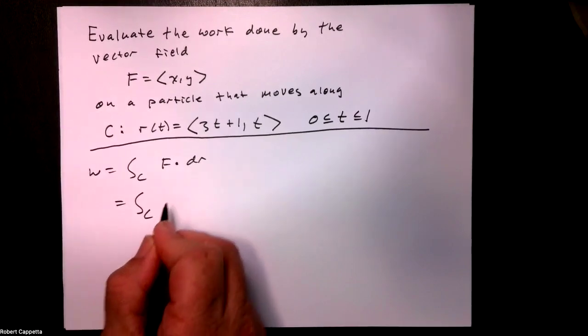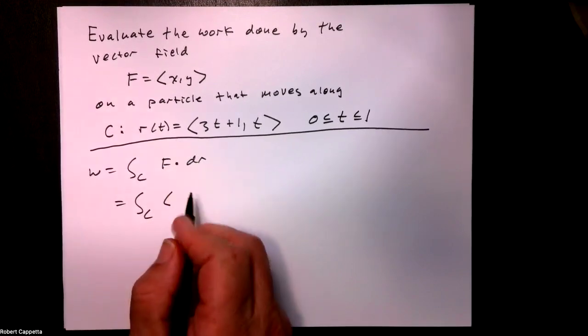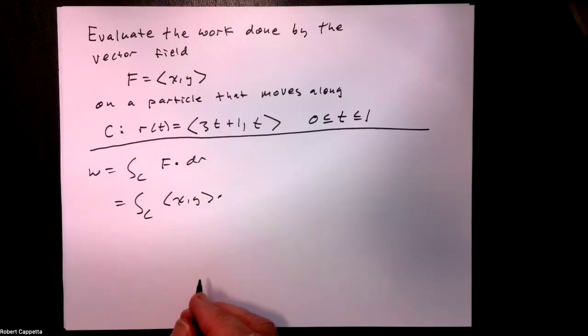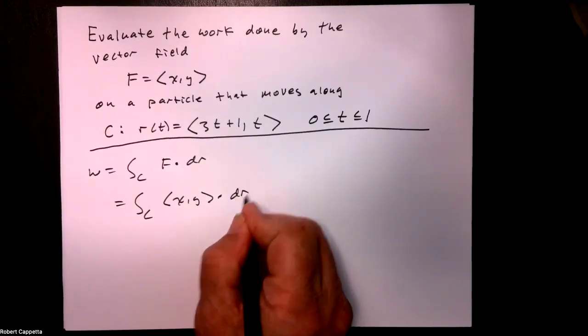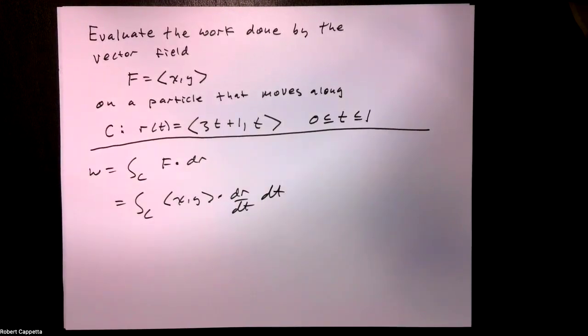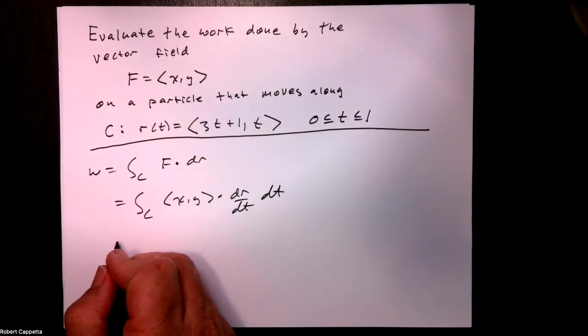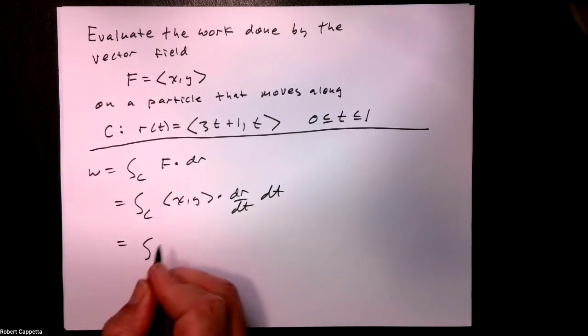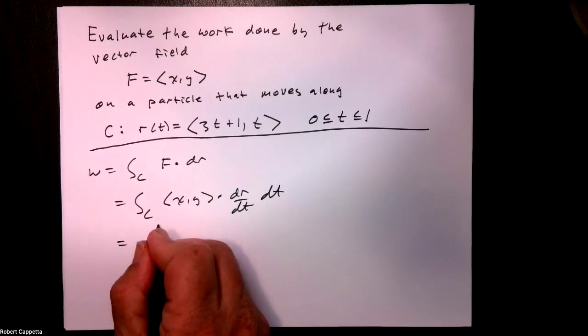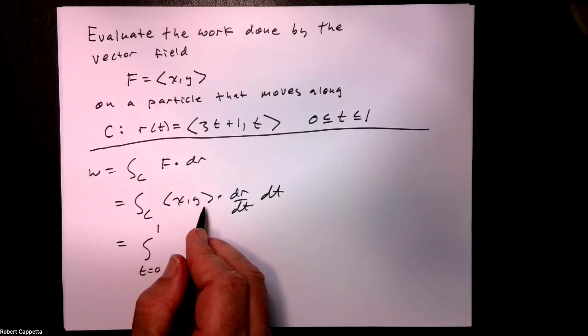That's the integral over C. F is what? It is (x, y) for now. Dot dr, we want to think of that as dr/dt dt. So we can start making our substitutions. Moving away from C towards t, t ranges from 0 to 1. (x, y) becomes what?